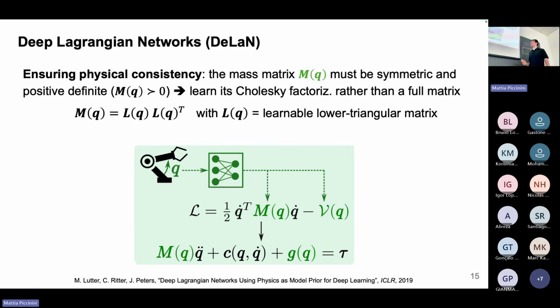And then M is simply given by the product of L and L transpose. In this way, you have a mass matrix that is symmetric and positive definite for free. You don't need to impose anything else. And you just learn L. So you also have a lower amount of parameters to be learned. And all the rest remains like that.